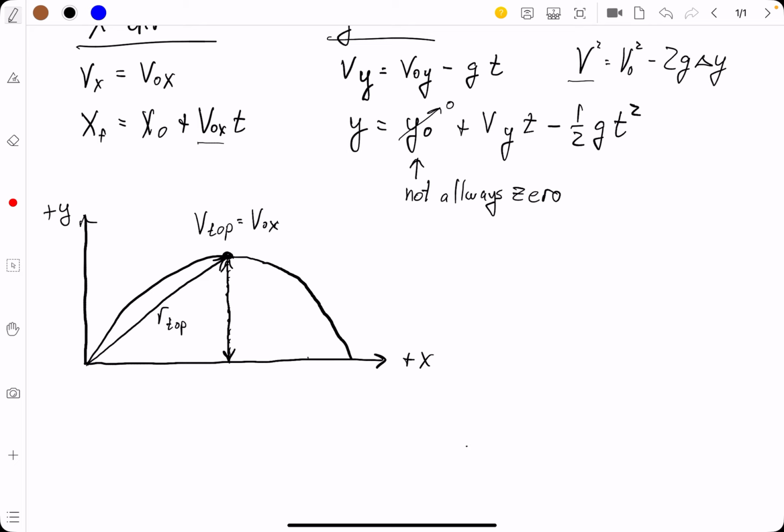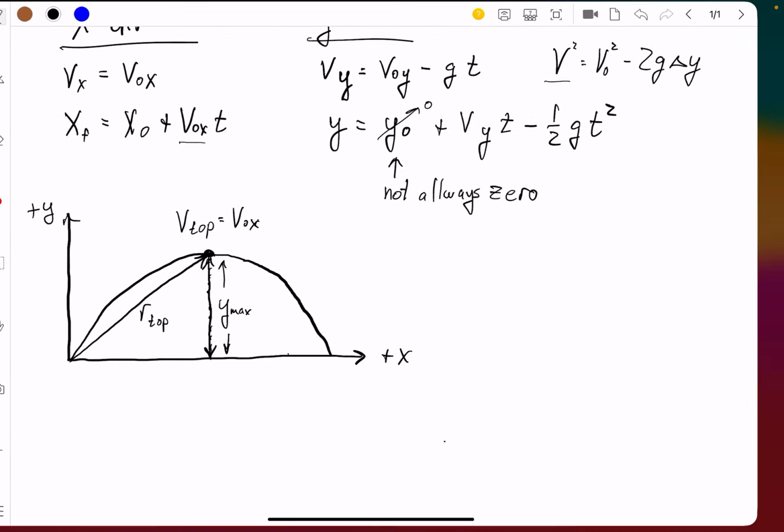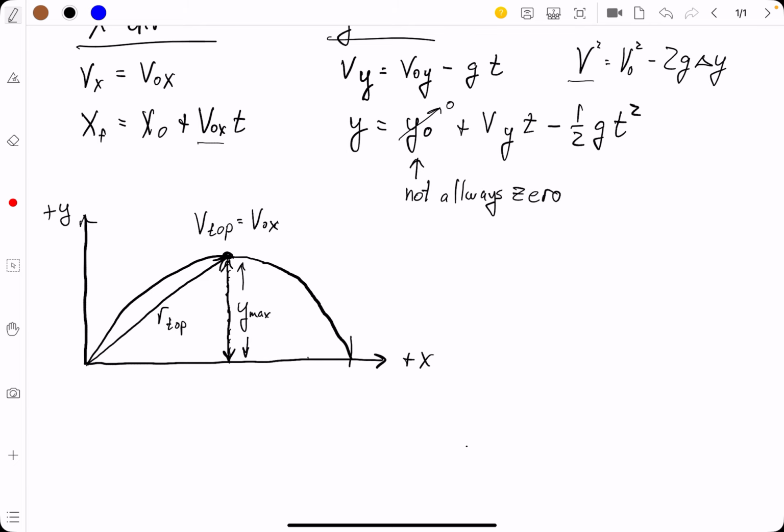So our max height, you can talk about it any way you want, but that's our Y max. Okay, what else do we have? We've got our range. Okay, we've got half range to the middle.